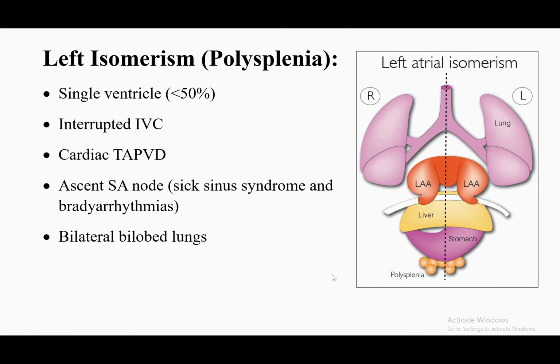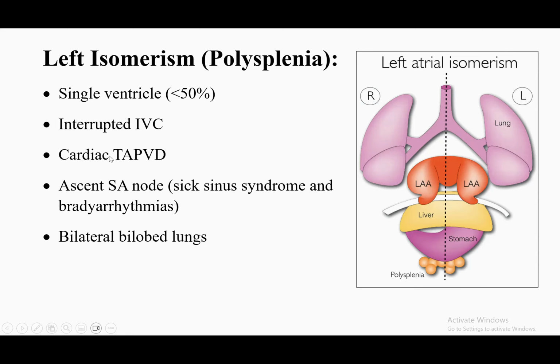In left isomerism, the single ventricle is less than 50%. We would have an interrupted IVC, so an absent IVC, because we would have 2 left atria with 2 left atrial appendages. The lungs would be bilobed bilaterally.